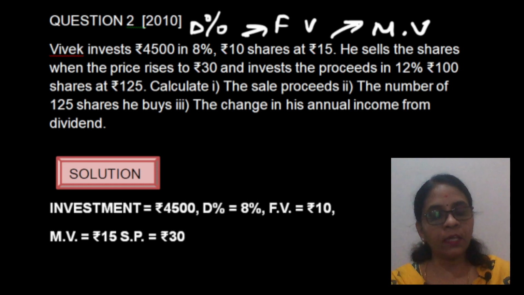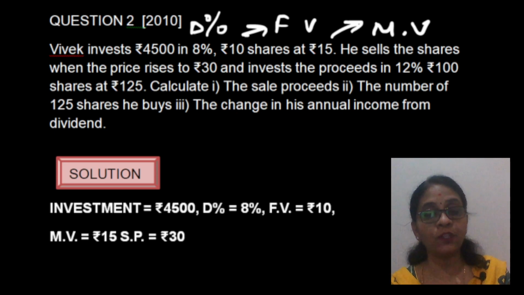And if some other person is buying, that is, if you are the person buying the shares from me, my selling price will be your market value, but you are not in the picture. Only the person who is doing the transaction is in the picture. So please differentiate between the selling price and market value. Selling price is, yes, the market value, but it is not the market value for me. I am Vivek for today.